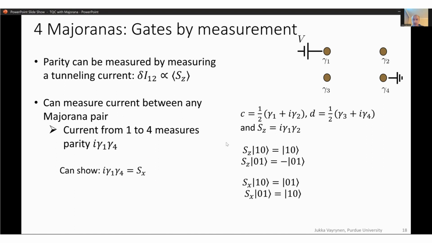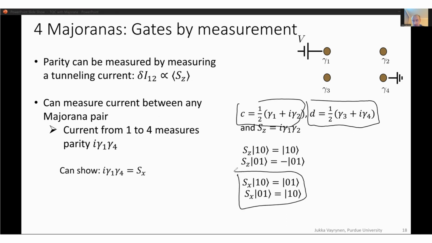If you write sigma X using this C and D and C dagger and D dagger operators, you can show that it acts this way on these states.